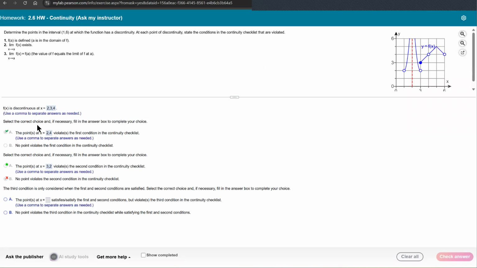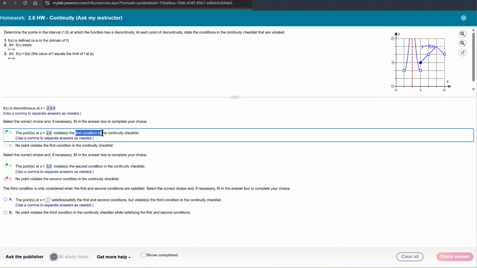Now, the reason that we have those discontinuities is what they're wanting us to look at next. The first question here asks us to choose the x values that fail the first condition on the checklist. Well, the first condition is that the function is defined.